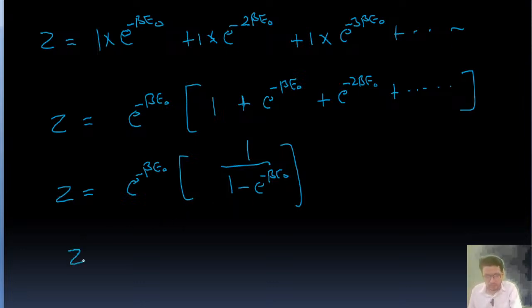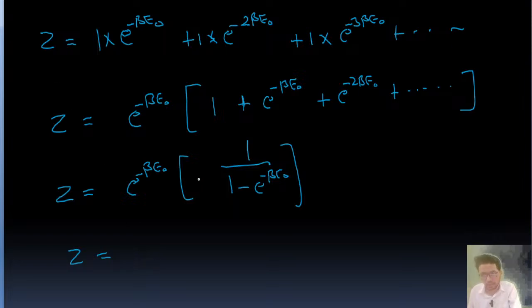Okay, so z value is going to be e to the power minus beta E naught. So we can divide it, we can take this side, right? So we can take it in the denominator.